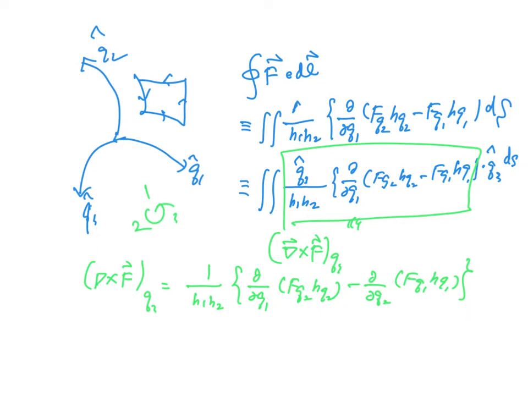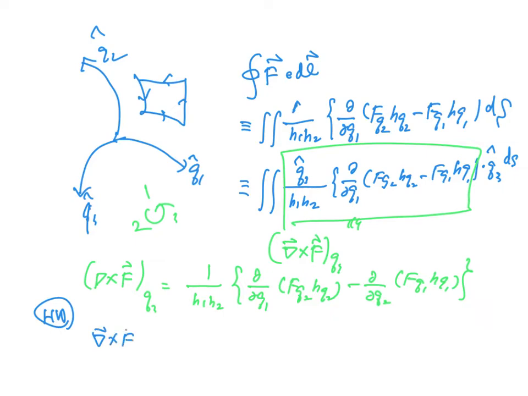So you can guess. So I'll give it as homework. You just check at your home to see if this is true. So you can do the same thing for Q2, Q3 plane and Q3, Q1 plane.